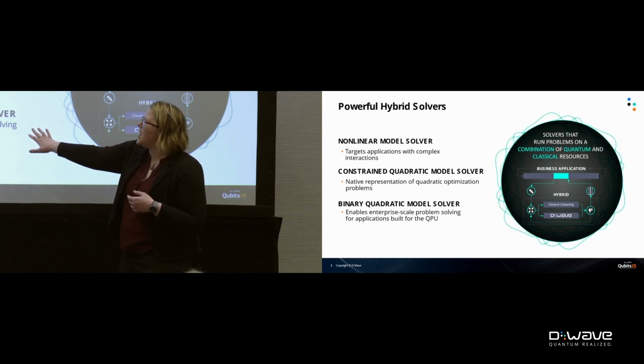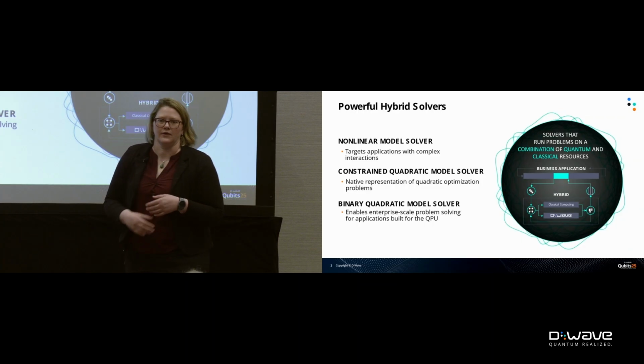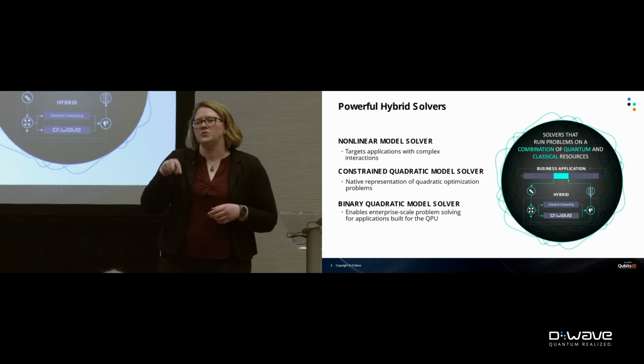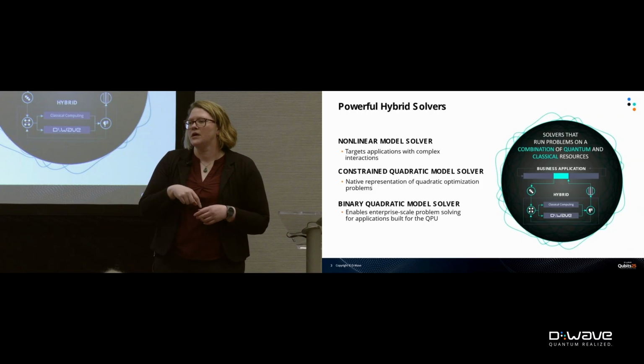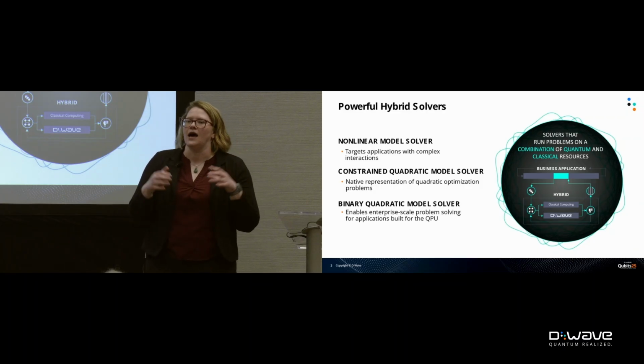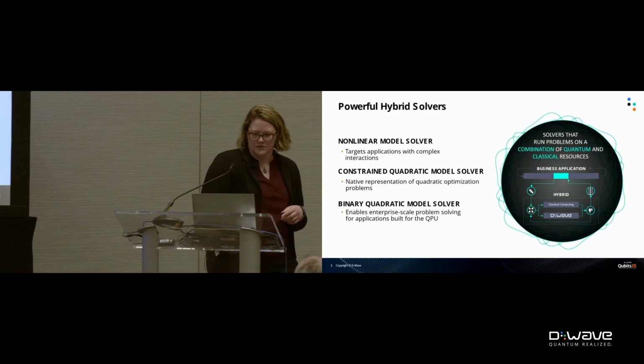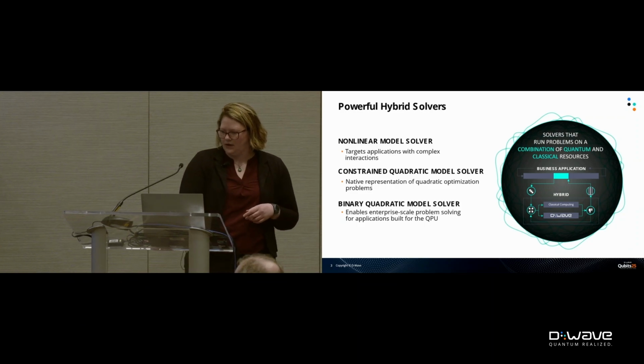And then finally, our binary quadratic model solver looks very similar to problems that you would actually send to the QPU chip. However, you can extend the size a little bit larger. So these are the hybrid solvers that we have, and like I said, I'm going to talk about the nonlinear one.